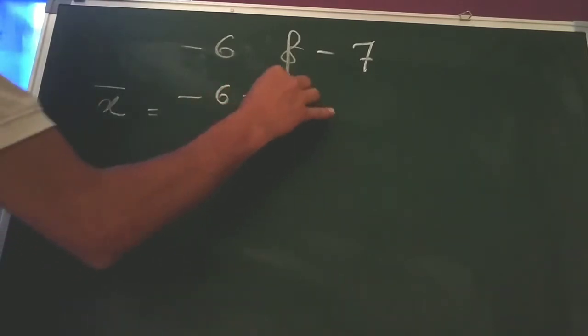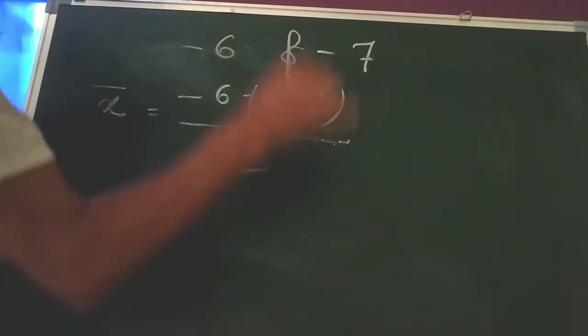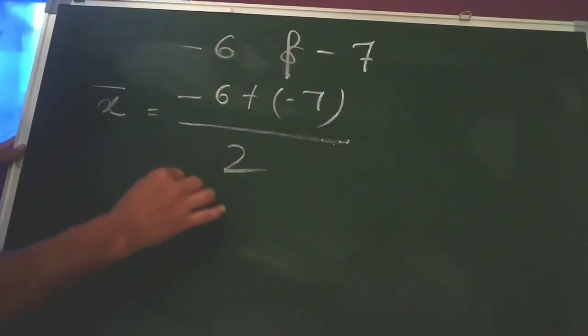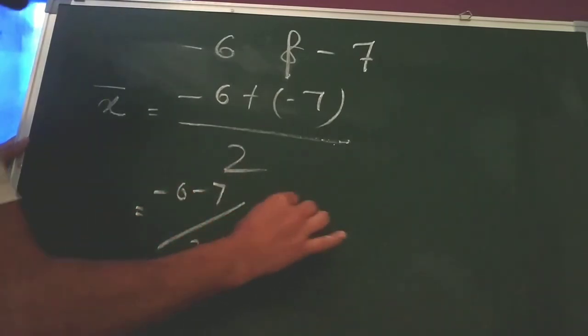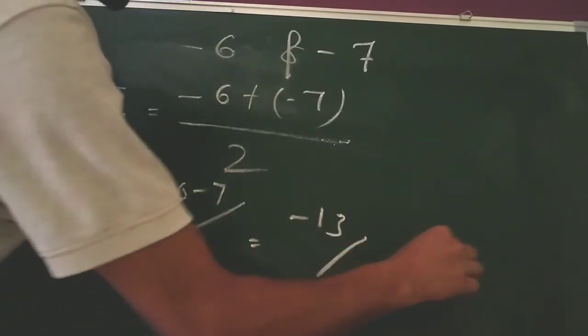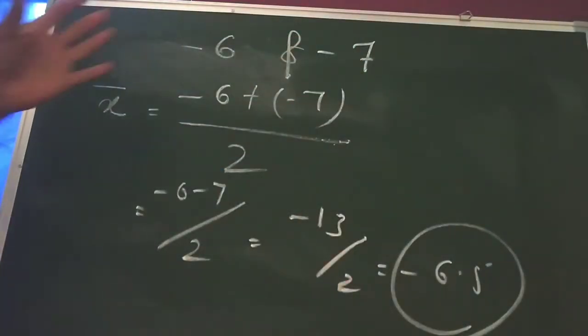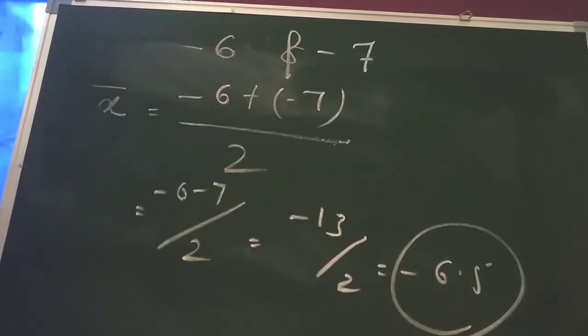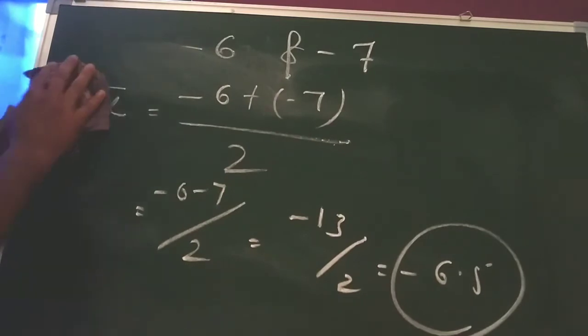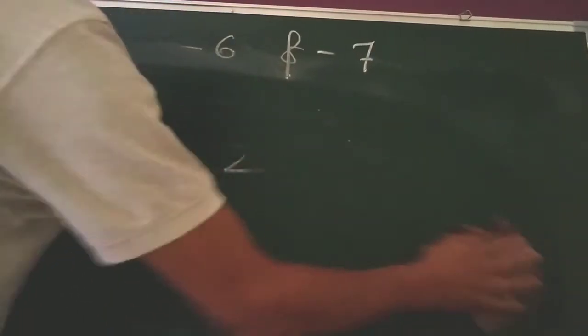Minus 6 plus minus 7 by 2 gives minus 13 by 2, which is equal to minus 6.5. See, this minus 6.5 lies between minus 6 and minus 7. Similarly, in this way we are going to find the 3 rational numbers between minus 6 and minus 7. So let us start the solution of this particular question.